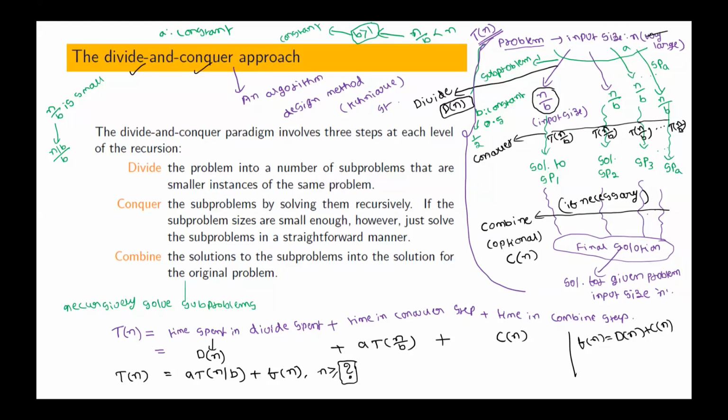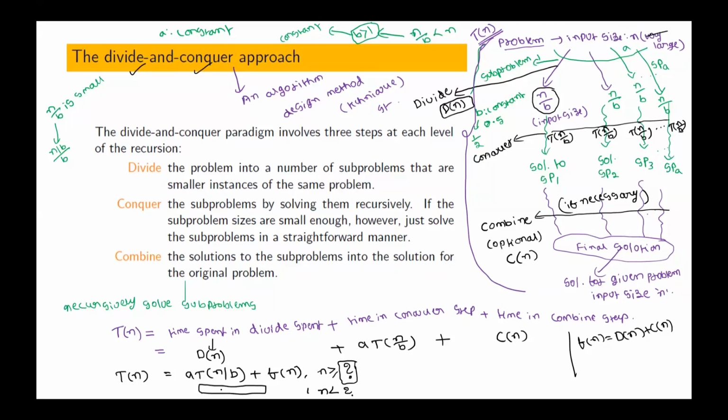Otherwise, we directly solve the problem without going for dividing it into sub-problems. If n is less than that value, we don't follow the divide and conquer approach. Directly we solve it. Whatever time it takes, that time we write here.